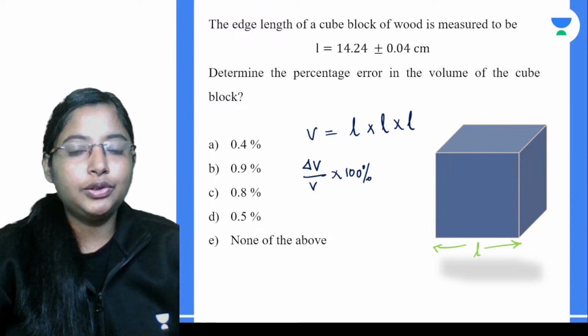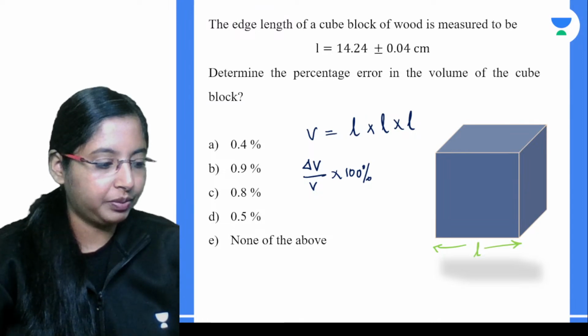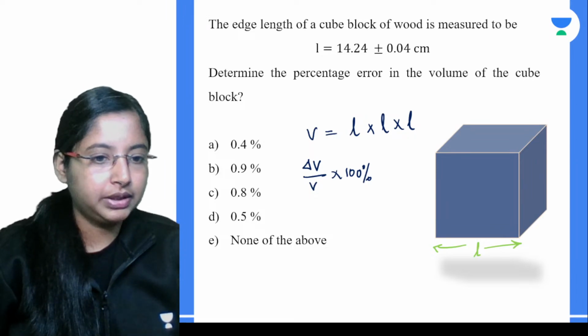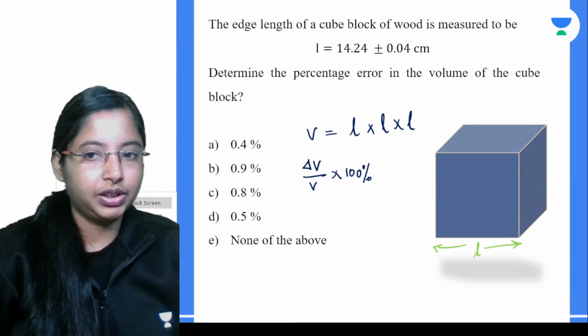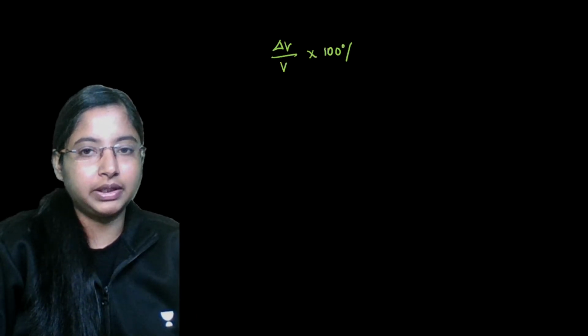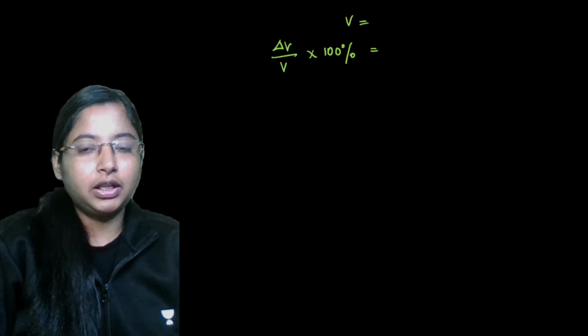So let's try and do this over here. What we want to find is basically delta V by V into 100%, right? V is equal to length into all side lengths, L cube, right?